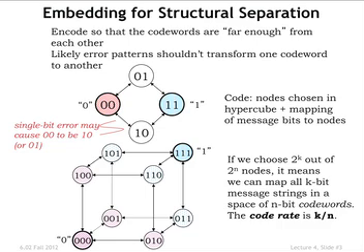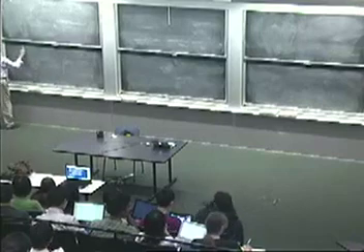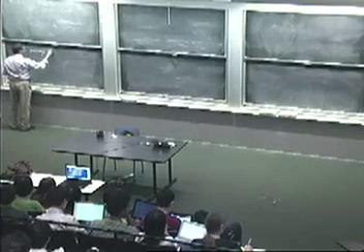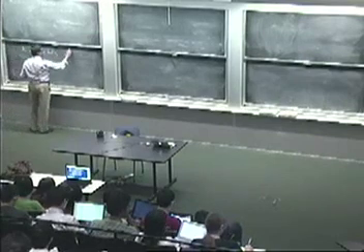That's the basic idea. So you're trying to put some space around things. So if you've got k bits in your original message, so you've got 2 to the k messages, right? So k message bits, 2 to the k messages.